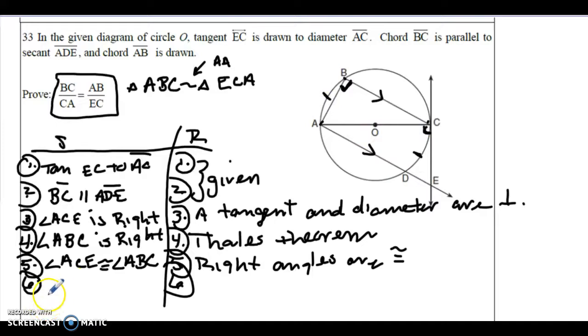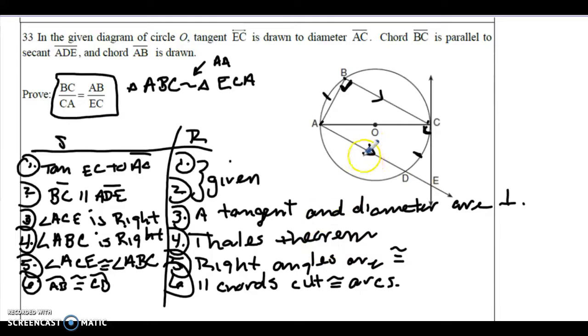So I can say that arc AB is congruent to arc CD, and parallel chords cut congruent arcs. Okay, so the next thing I'm going to say is that this angle here is congruent to this angle here.